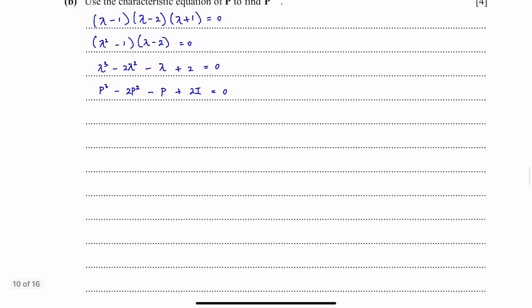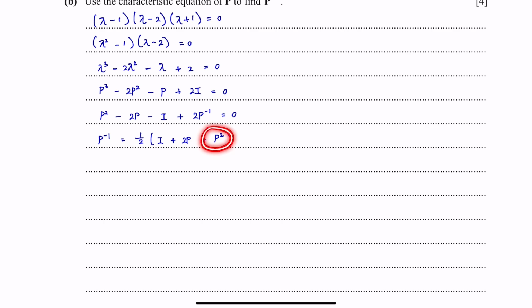So now we can divide the equation by P. So we have P squared minus 2P minus I plus 2 inverse P equals 0. So inverse P is just half times I plus 2P minus P squared.